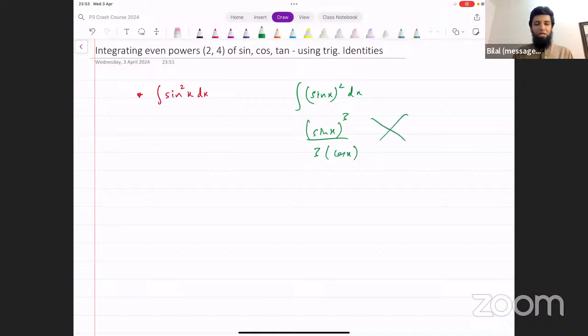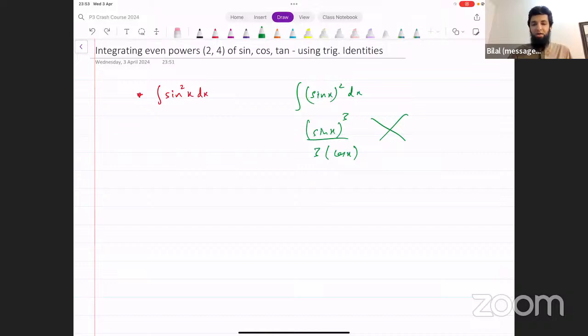The power rule only works for linear bases, when inside the power you've got something linear. Now, linear means mx plus c form, right? Straight line form. It's not just that the power of x should be 1. So here in sine x, power of x is 1, but it's not like that.